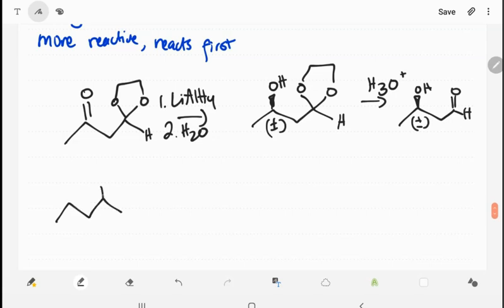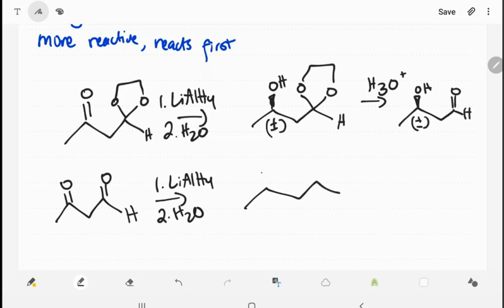Okay, so if we had these two with the same conditions, we will end up getting just an OH.